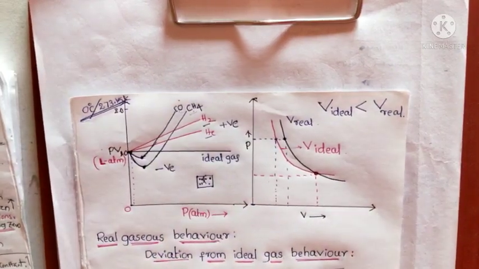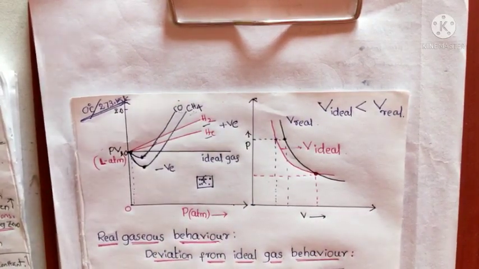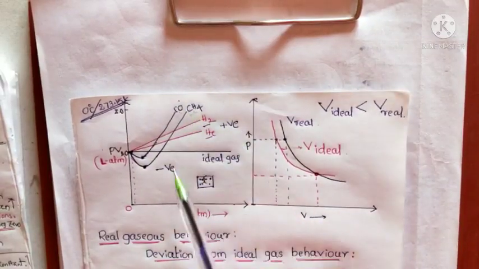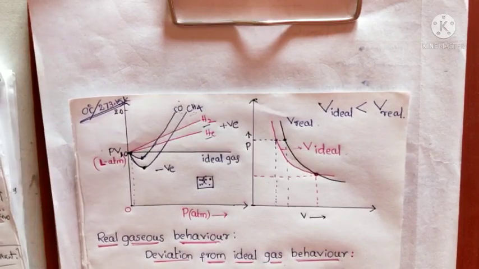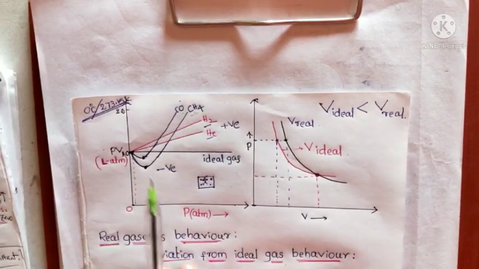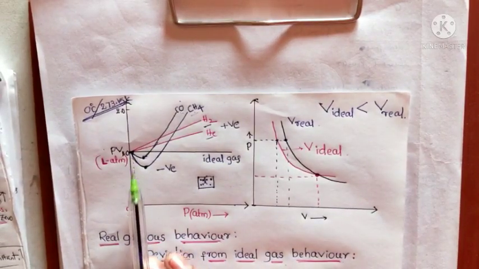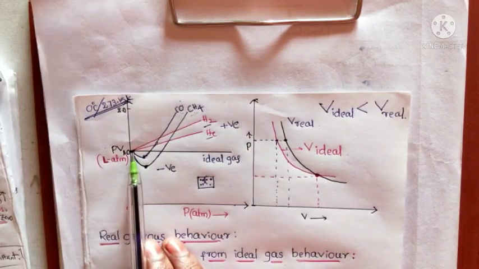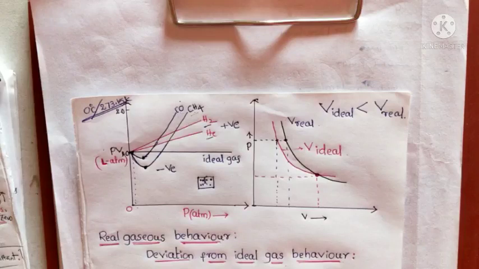So from this we also conclude that some gases exhibit positive deviation, some gases exhibit negative deviation. But as pressure approaches 0, that means at very low pressure, all real gases act as ideal gases.